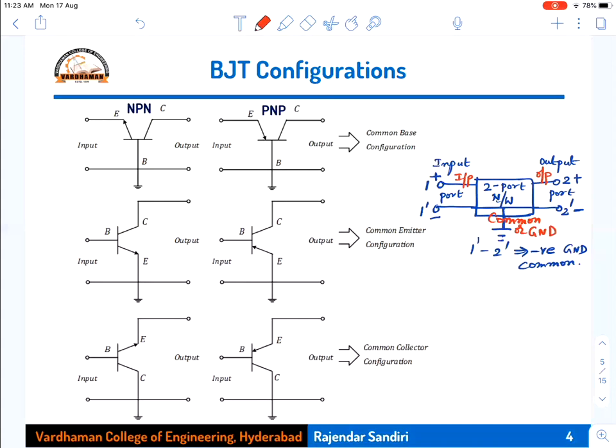Now how many terminals do you have? This is 1, this is 2, and this is 3. 3 is common, so why represent 1 dash and 2 dash, because both are the same. I can represent that with a 3, which is common for both the input side and the output side. So any three-terminal device can be represented as a two-port network.